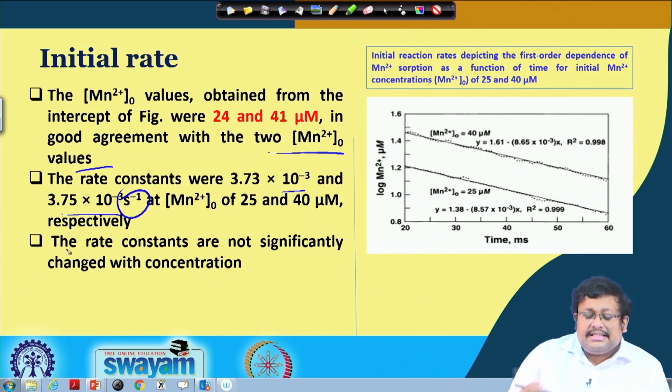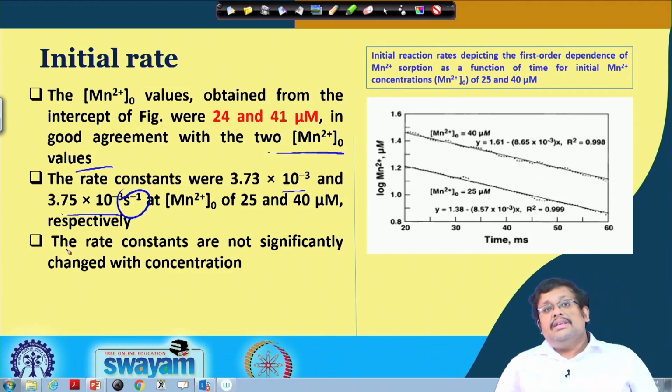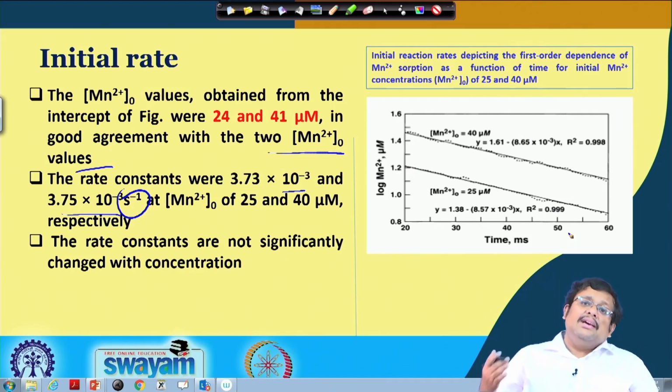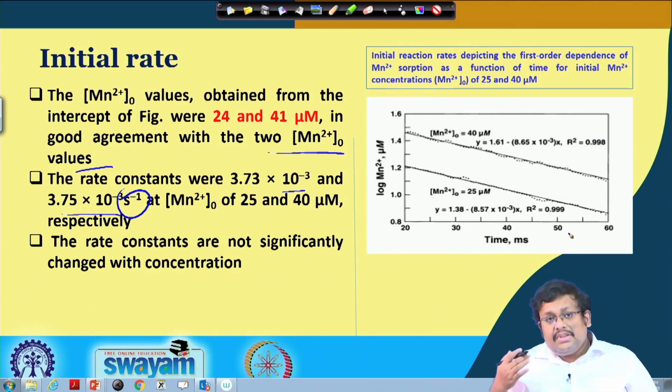The rate constants are not significantly changed with concentration. So, this is how we can apply the initial rate method to see which order of reaction is followed for a particular chemical process.